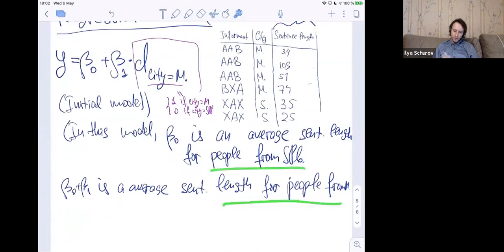We have these people, we have these people. So if this beta naught is an average for people from St. Petersburg, and this sum is an average for people from Moscow, how can we interpret this beta 1?